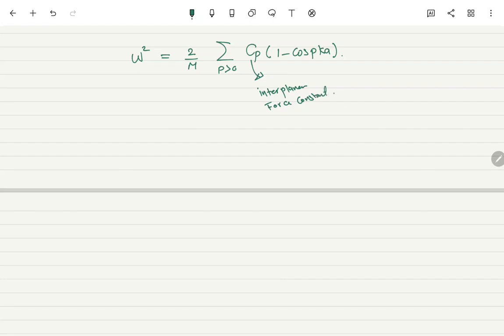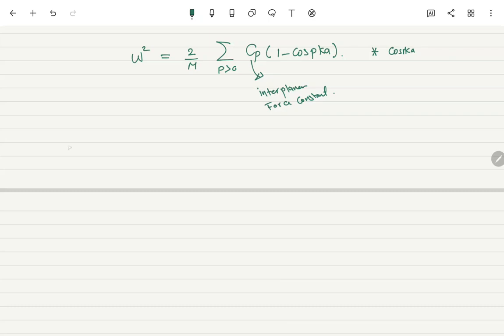And to find Cp here, let's multiply both sides of this equation with cosine rka and integrate both sides from minus pi over a to pi over a. These are the boundaries.